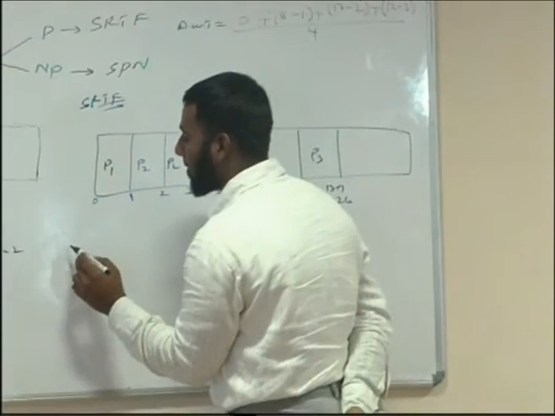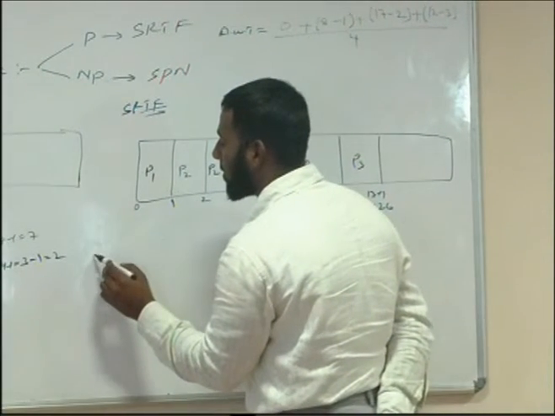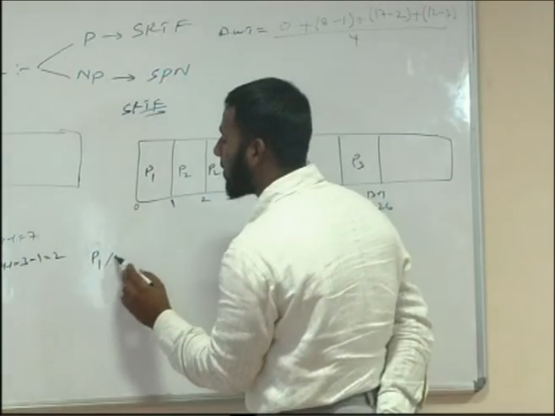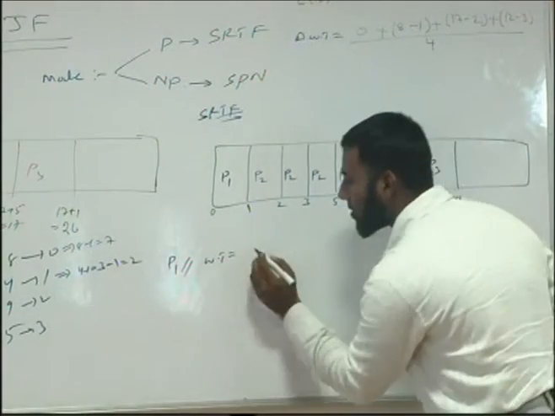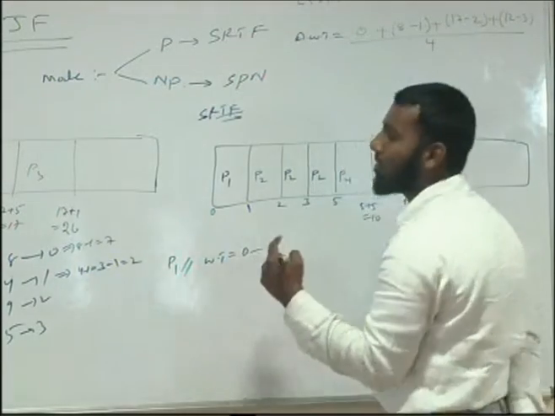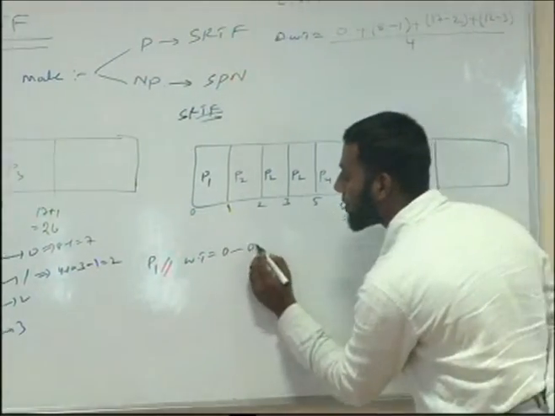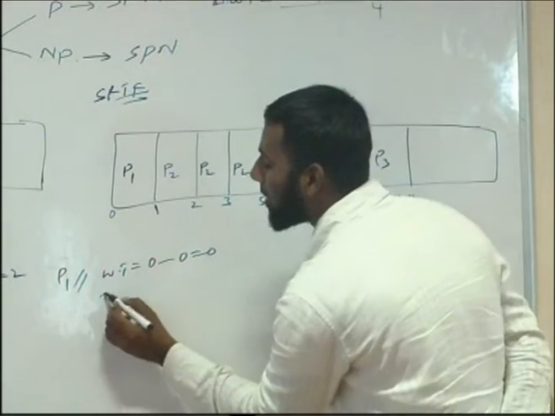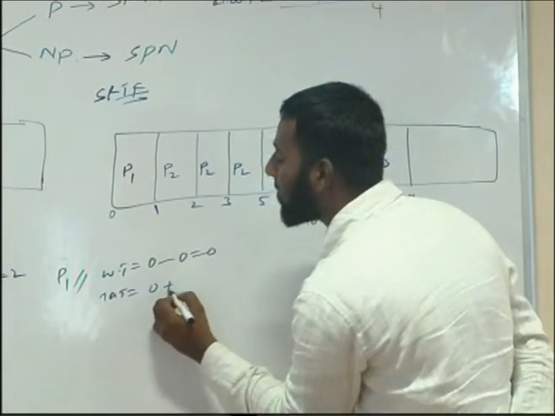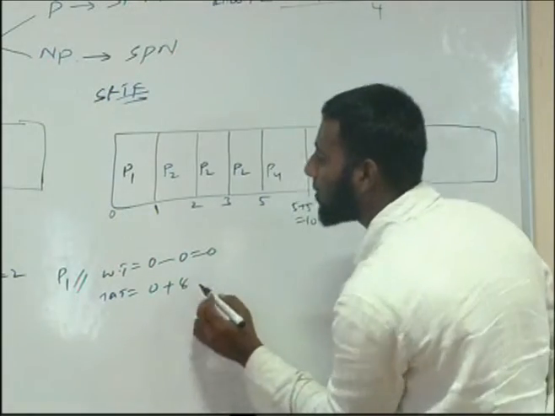for process P1. What is the waiting time for process P1? The starting time for process P1 is 0 minus the arrival time for process P1, which is 0, equivalent to 0. So process P1 waited 0 amount of time, and turnaround time is of course waiting time plus burst time.